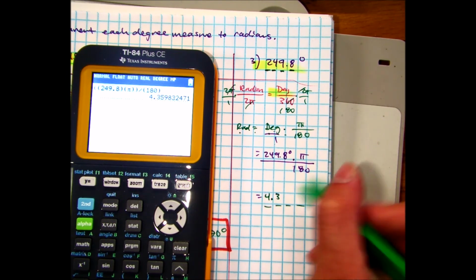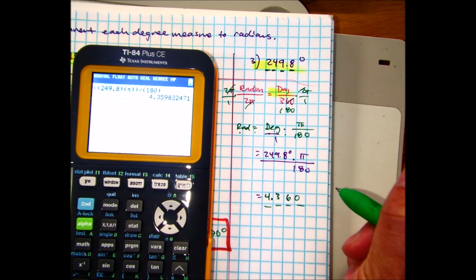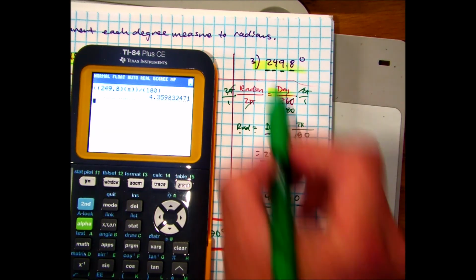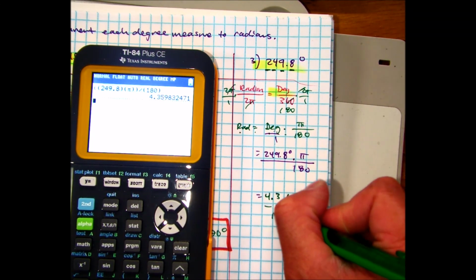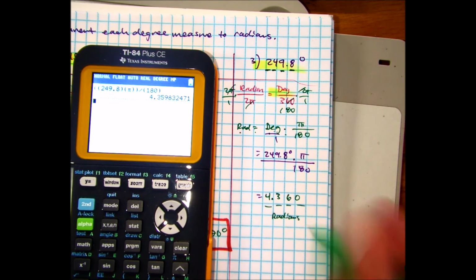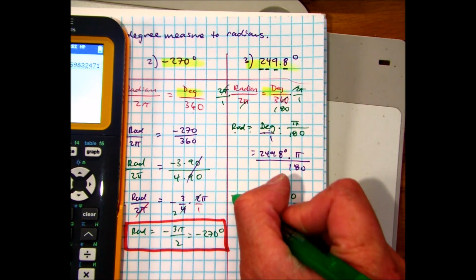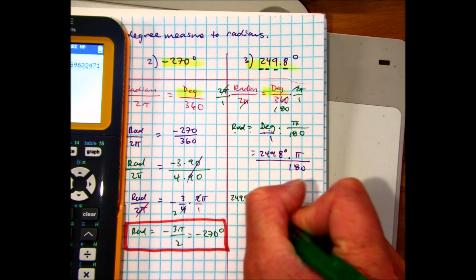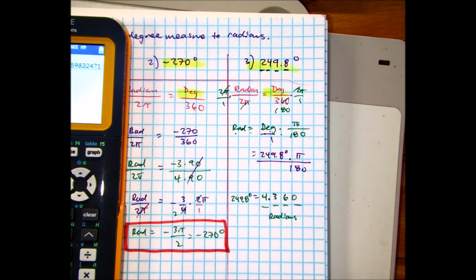I have to round up, so that's going to be 3.60. Do you see that? I wanted 4 significant digits there. And then this is not in degrees, this is in radians. So my answer is 249.8 degrees is equal to 4.360 radians.